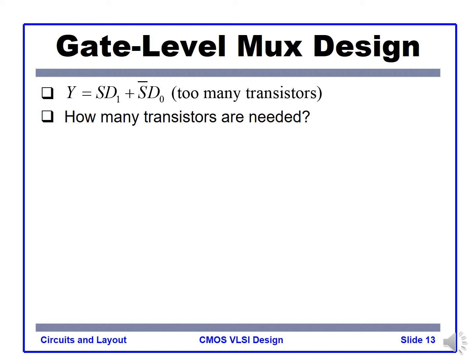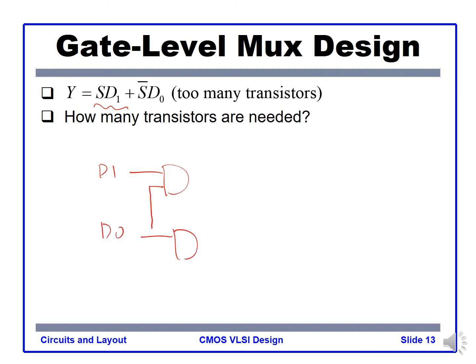So how do we make this kind of multiplexer at gate level, and how many transistors will be needed? Here, we can draw the AND gates with D1 and D0.